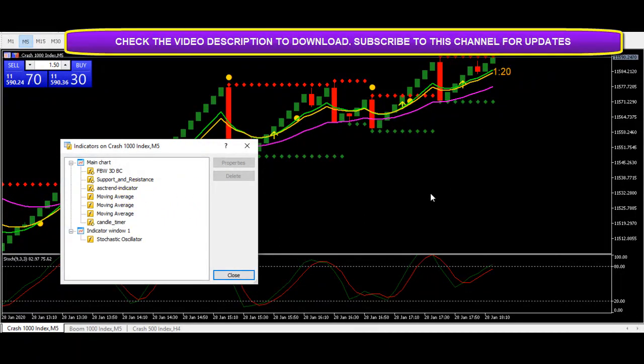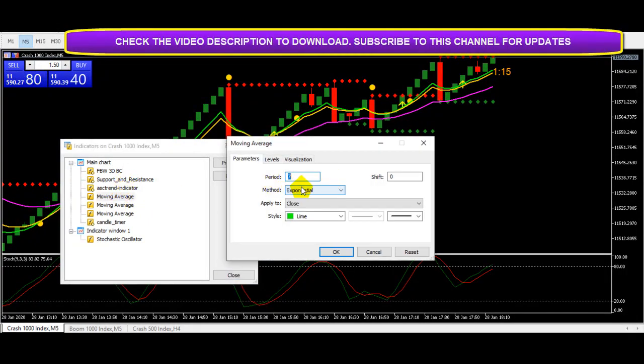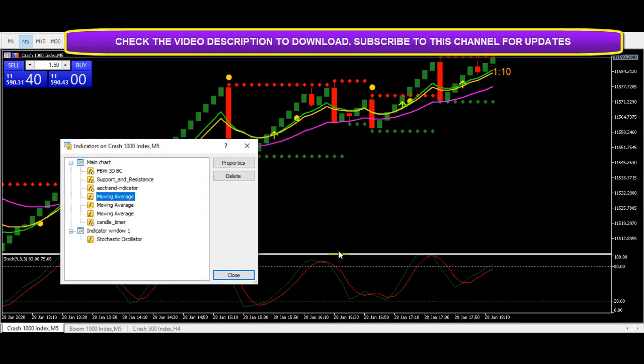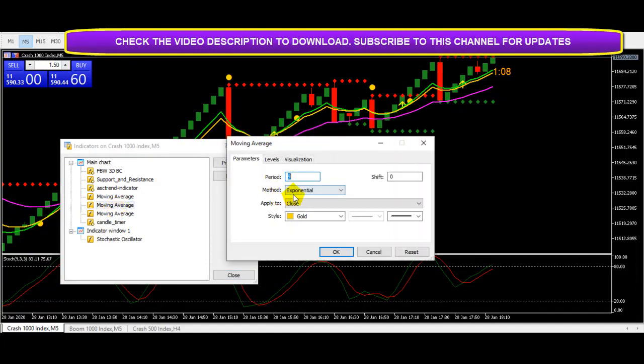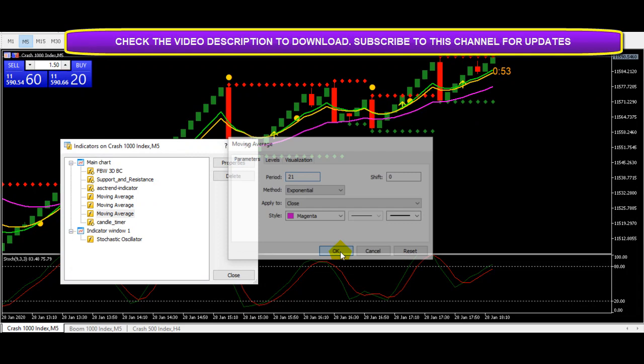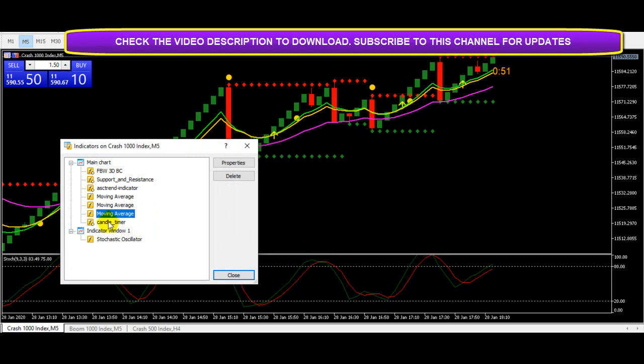I'm having three moving averages: exponential moving average 7, applied to close; exponential moving average 9, applied to close, with color gold; and exponential moving average 21, applied to close, with color magenta. Then I'll be sending you the candle timer.